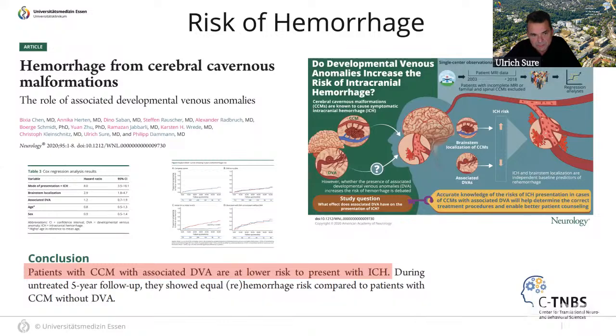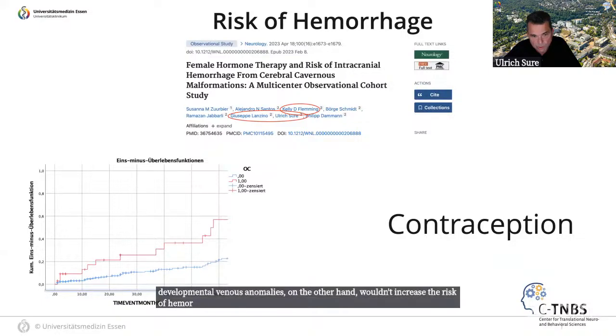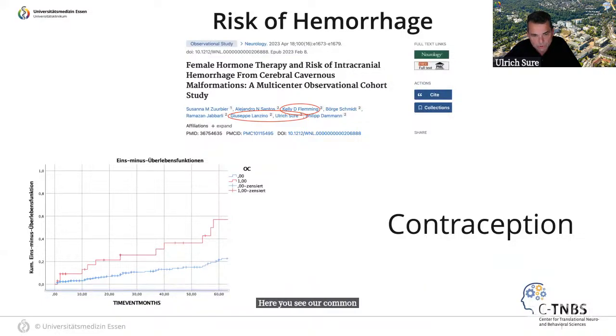Developmental venous anomalies, on the other hand, wouldn't increase the risk of hemorrhage. Also important to know. And here you see our common publication that also was quoted already by Dr. Fleming, the topic of female hormone therapy.